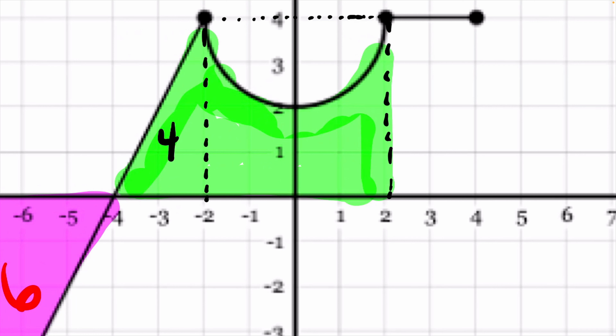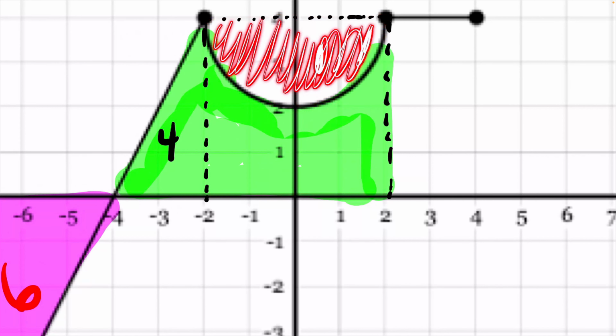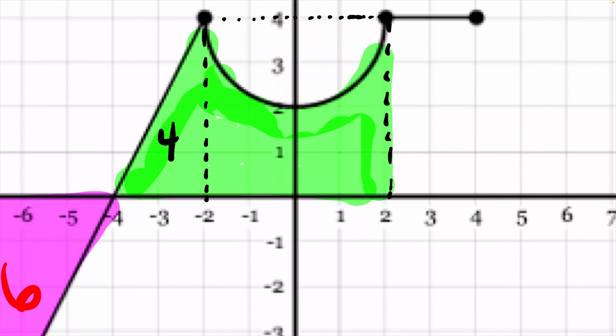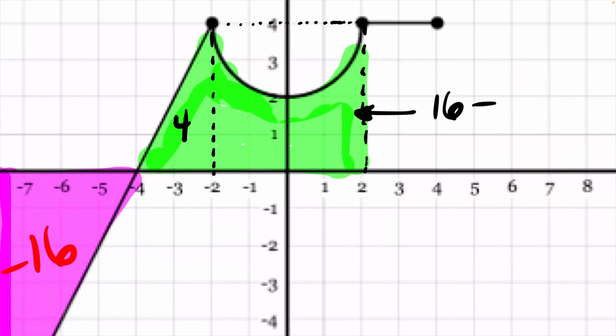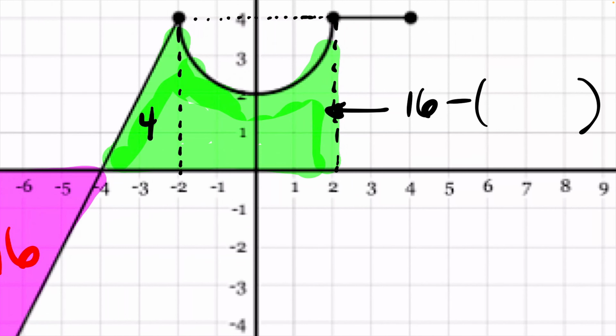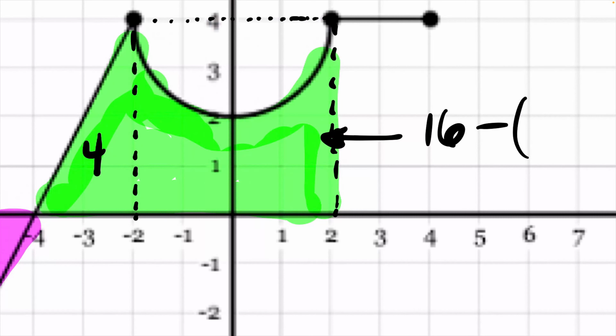So this square that I close off, it actually is a square. It's a 4 by 4 square. So the total here is 16, because it's a 4 by 4. But I don't want that part here, so I have to subtract it. So it's going to be 16 minus that circle. Well, it's a half circle.